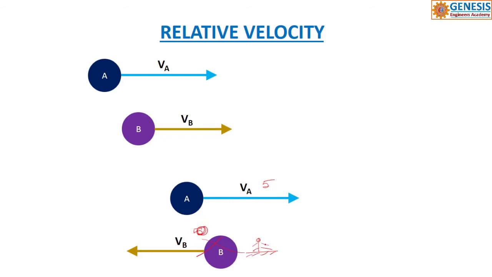The person is B, and I wanted to know B with respect to A, VB minus VA. VB is 0, so this is 5. That is the relative velocity.